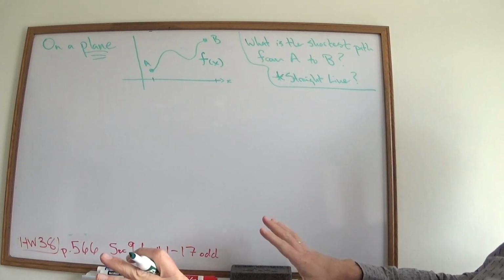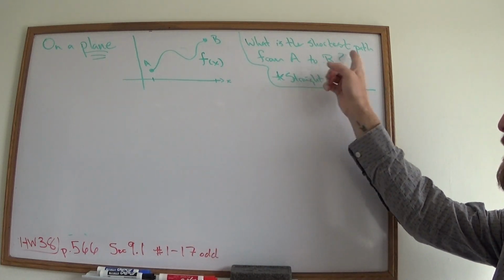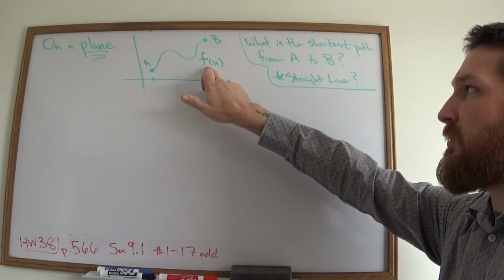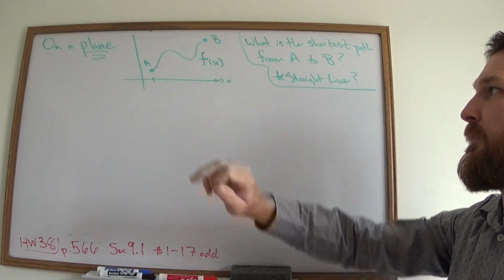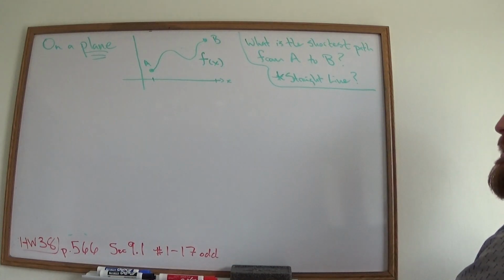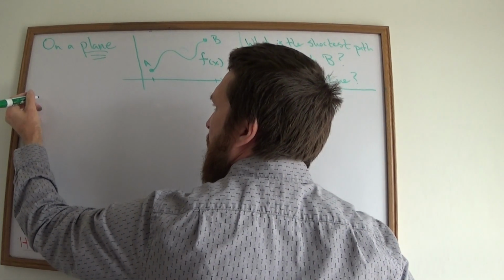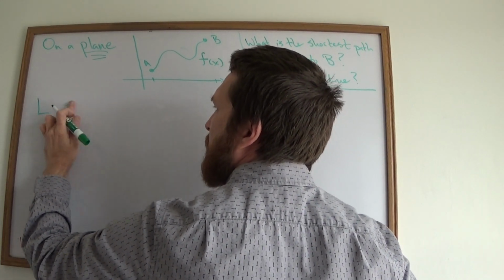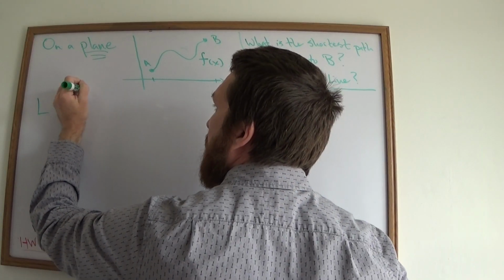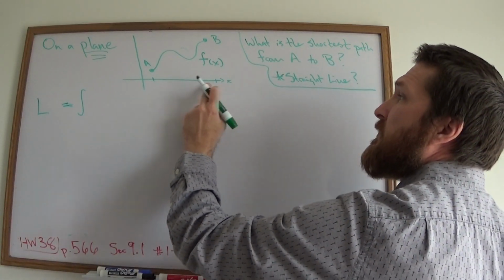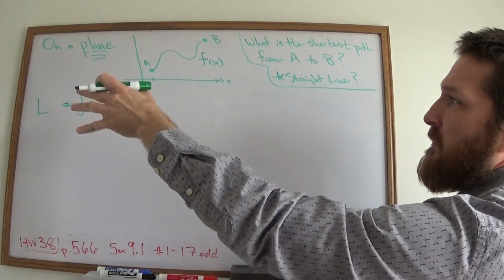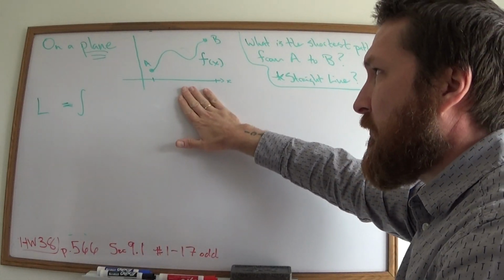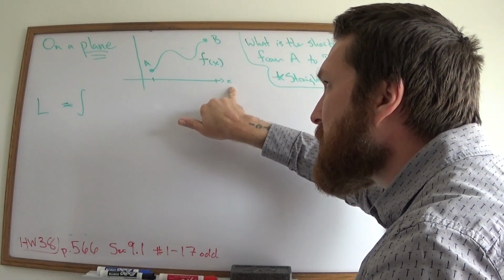Those were my assumptions, right? That this path that we're looking for, we don't know what it is, but it can be described by some differentiable function f. If that's the case, then the length is given by, let's have a little bit of room here, you pick your favorite axis. It doesn't matter which is y and which is x. Whichever one is down here, I'm going to call x.